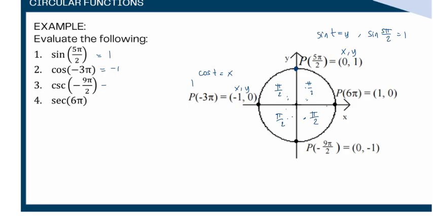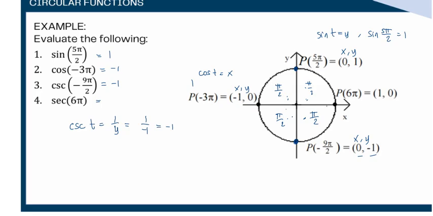So that's why it stops here, which has coordinate 0, negative 1. But then we are going to have the cosecant value, which is in terms of our sine value. So that would be 1 over y for our formula. So that would be 1 divided by negative 1, which is negative 1. So therefore, our cosecant negative 9 pi over 2 is negative 1.